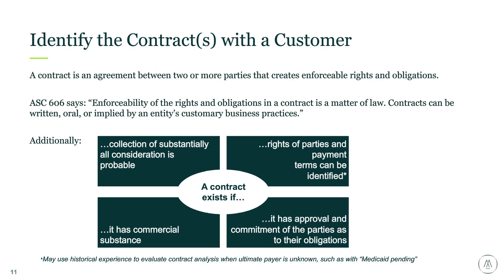If the hospital doesn't have historic information on the ultimate payer class, the contract likely does not fall within the standard until that information becomes known.